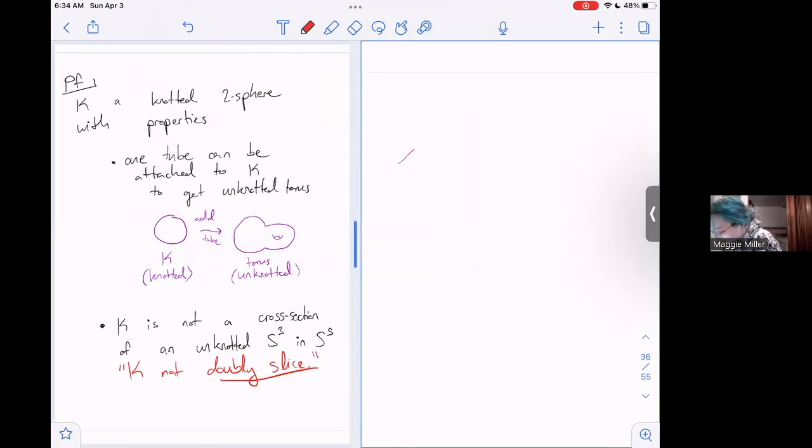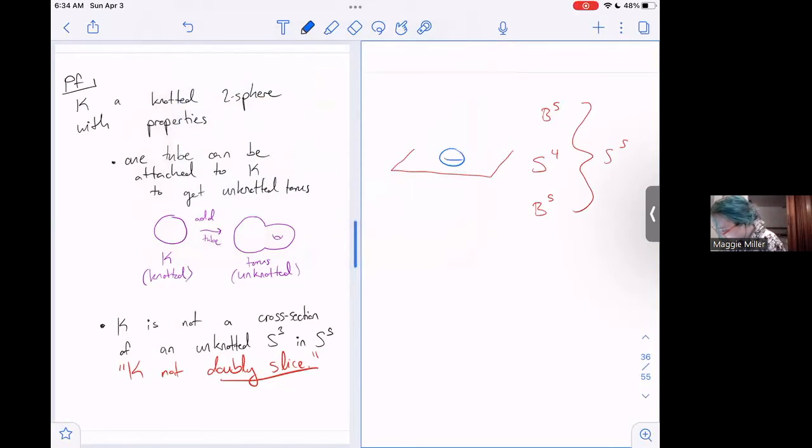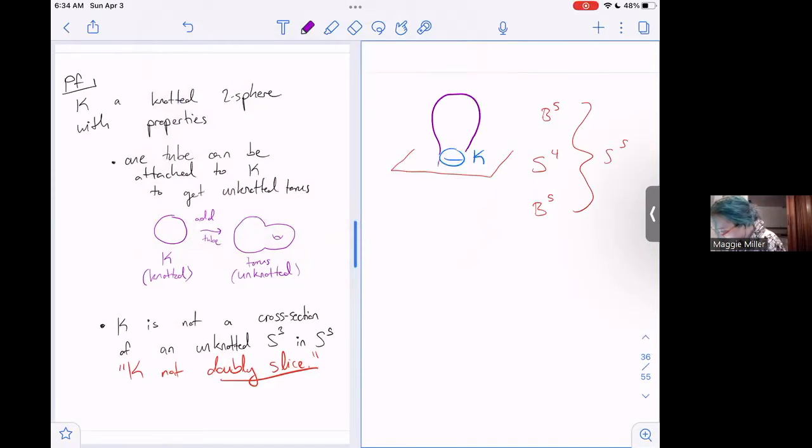So I mean that if I have my 4-sphere as the central cross section of S5, so I take two 5-balls and glue them together along their boundary to get S5. And I have my particular K sitting as the middle cross section of some 3-dimensional sphere.